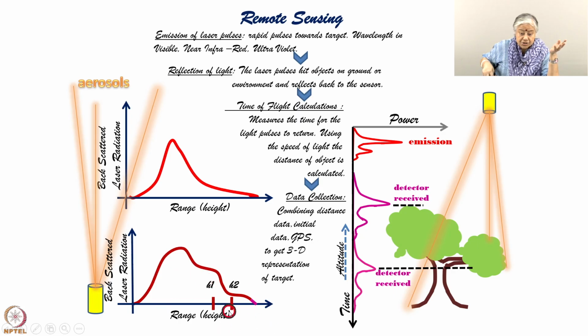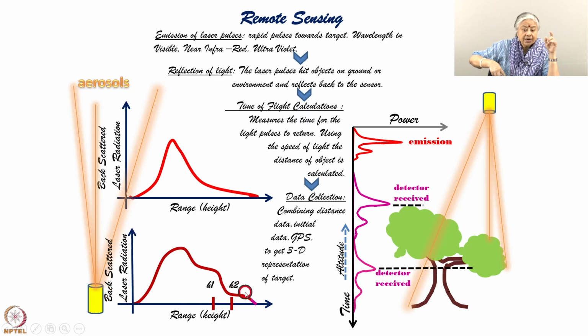And if you do the ranging for that, that means you find the distance the laser has traveled at this point and at this point. Okay, some particles are here and some particles are at this height. So you've converted your time of flight into your height. Height, because you are taking it from the ground where your instruments are, and you are sending it up to the atmosphere and back.